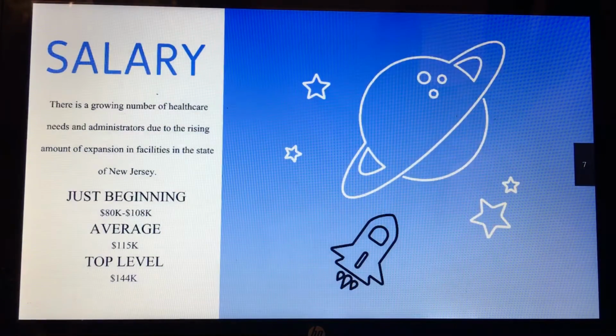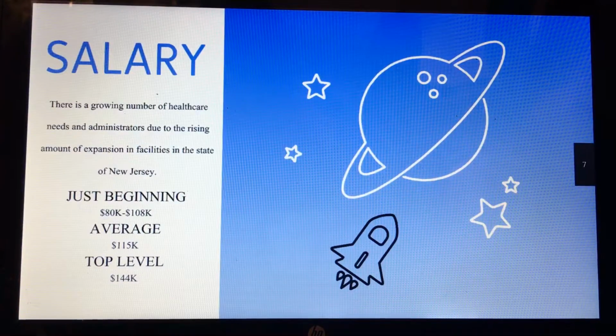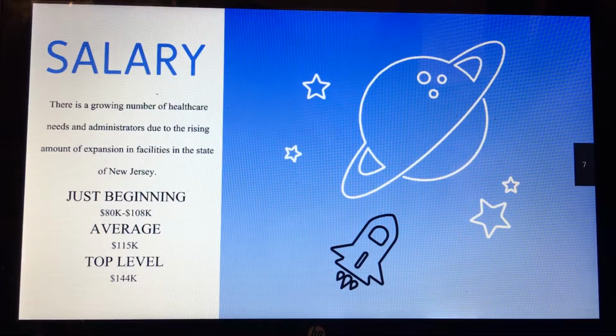The salary. There's a growing number of healthcare needs and administrators due to the rising amount of expansion in facilities in the state of New Jersey. When you're just beginning, there wasn't a very set amount, because every website was different, because there are so many different places that you could work at within this field.